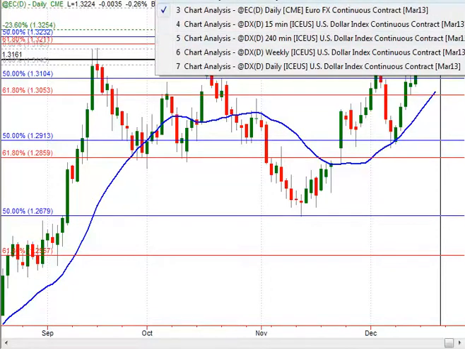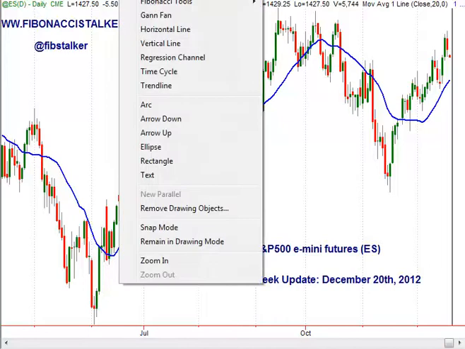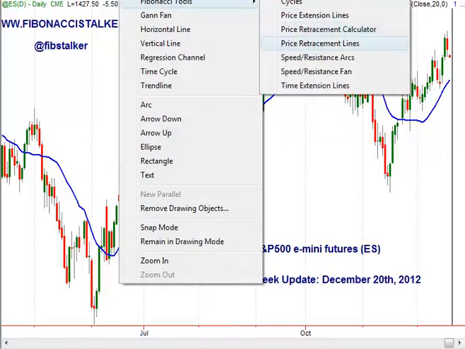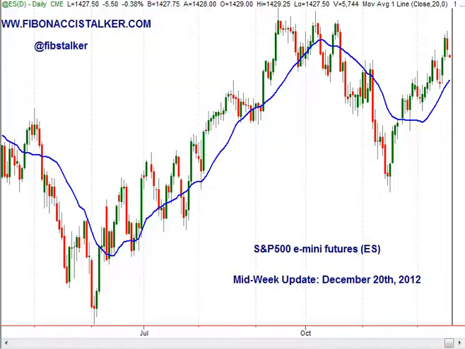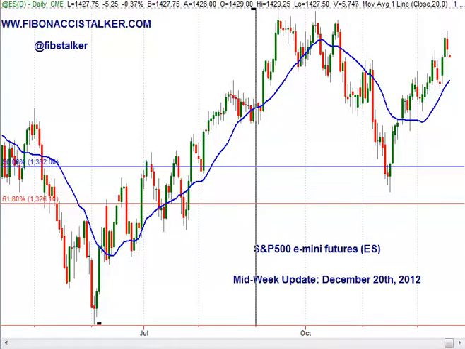Finally, we move to the S&P 500 E-mini futures, which you see on the screen is the daily chart. You will remember that on the future the bulls were able to defend this market, but that didn't happen on the SPX, on the SPY, the S&P 500 ETF.